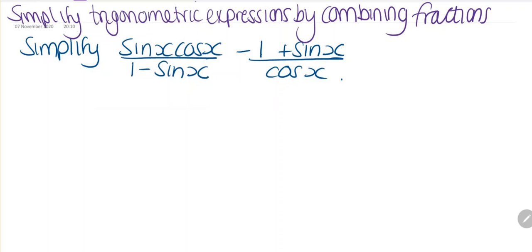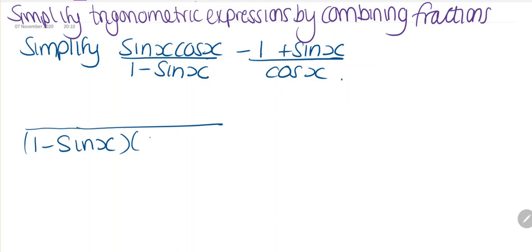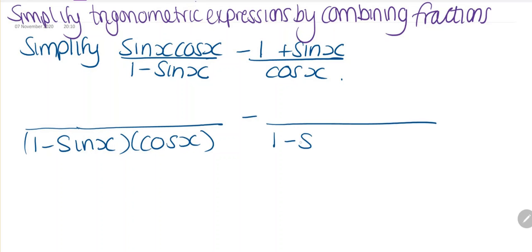If we multiply everything on the left hand side by cosine of x and everything on the right side by 1 minus sine of x, it means rewriting. So we'll have 1 minus sine of x multiplied by cosine of x, and then on the bottom, 1 minus sine of x cosine of x.